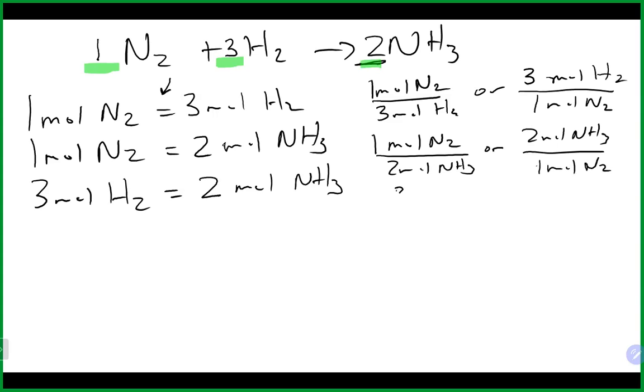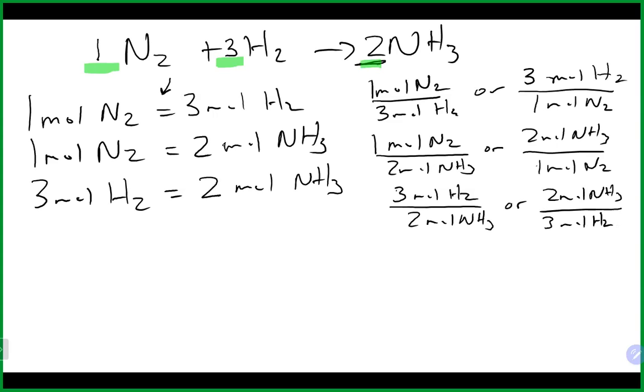And for this one, 3 moles of H2 to 2 moles of NH3, or 2 moles of NH3 to 3 moles of H2. So again, those are the 6 different conversion factors that you could get for this particular reaction. And each of those equalities are just based on the balanced equation, which is why the balanced equation always comes first. You have to make sure that it is balanced.